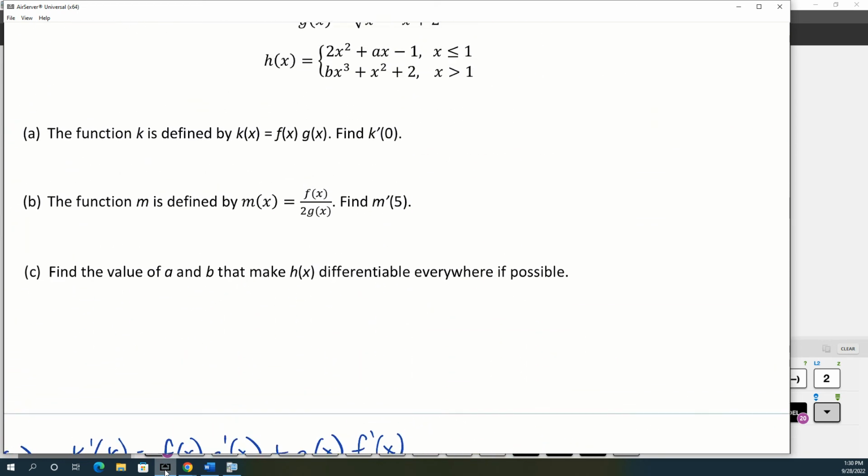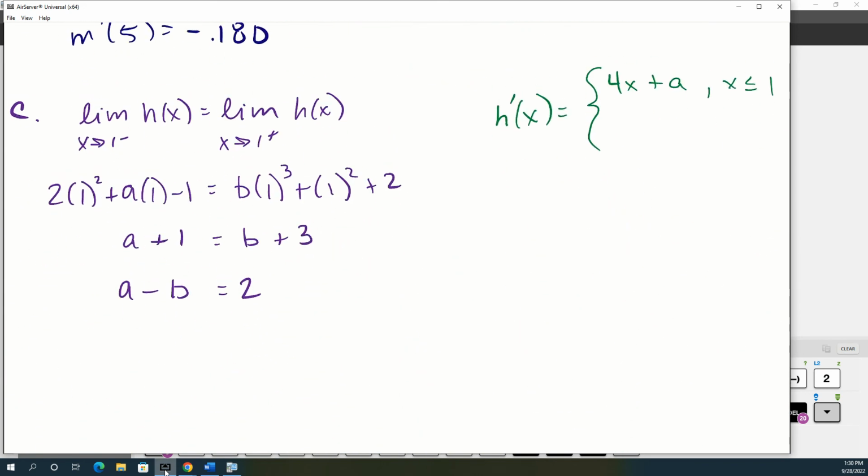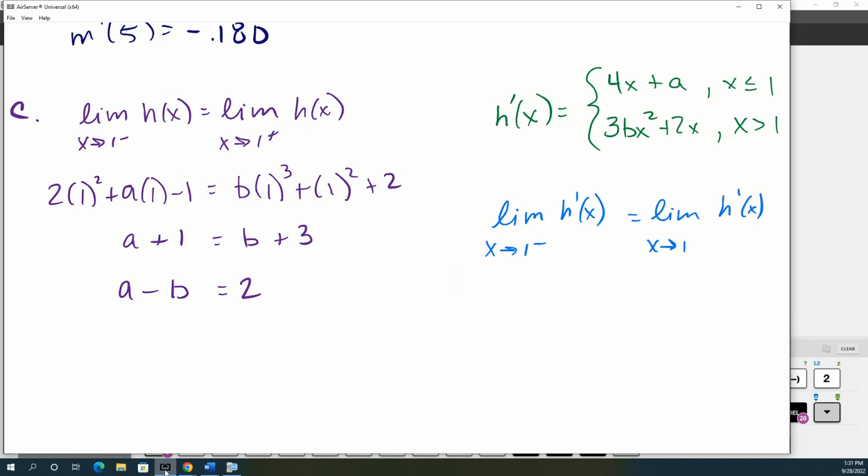All right, for the second piece, we're going to do the power rule. So it would be 3b a squared plus 2x, and then that one would be 0. So we need to show that the limit of h prime of x as x approaches 1 from the left equals the limit of h prime of x as x approaches 1 from the right.